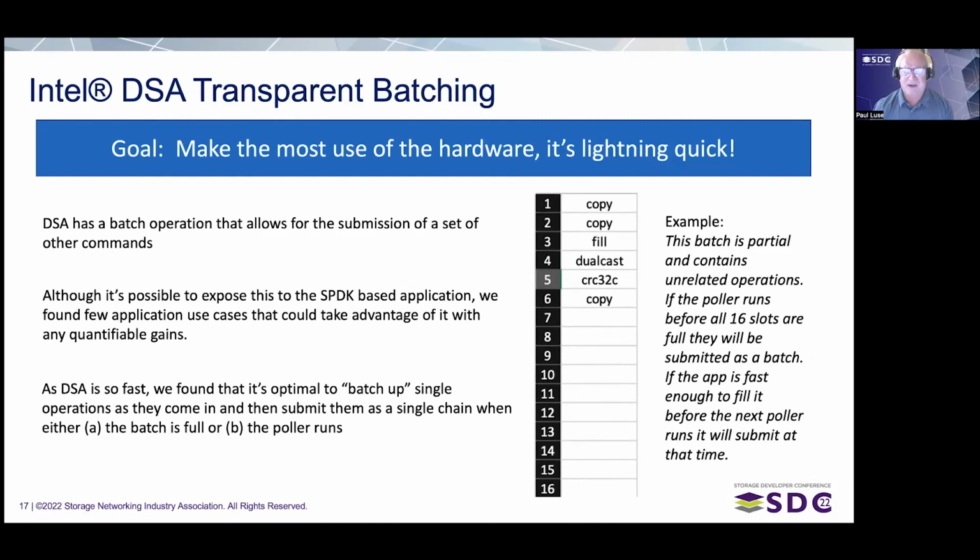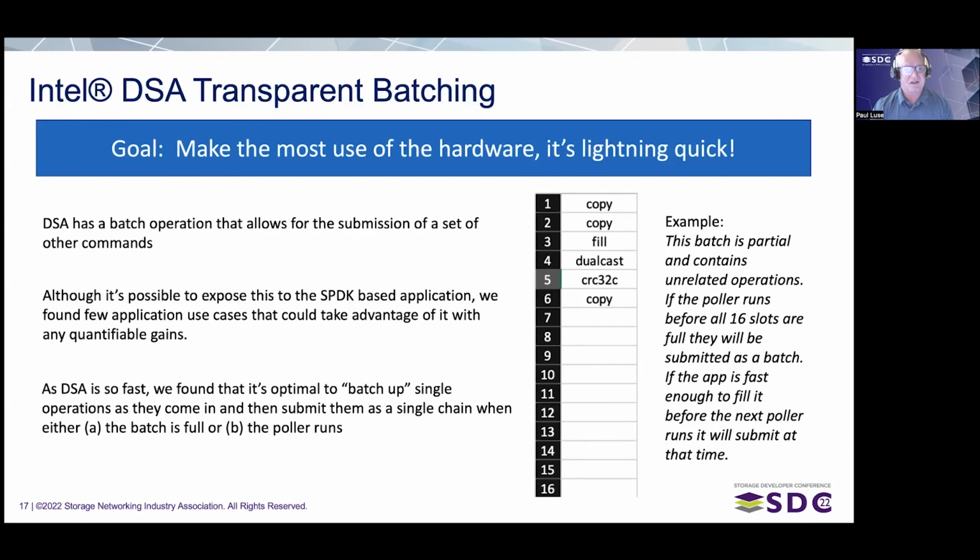So here's an example of a batch. This batch will fill up when it hits 16, and it's just a bunch of dissimilar commands. And if the poller runs before this batch is full, we're going to say, all right, we don't want to add any more latency to this than we need to. Just go ahead and do these 5, or do this 1, or do these 8, however many are ready. Now, if the application is using DSA heavily and really bombarding it with operations, we'll find that this will fill up, and we'll submit multiple batches before the next poller runs.